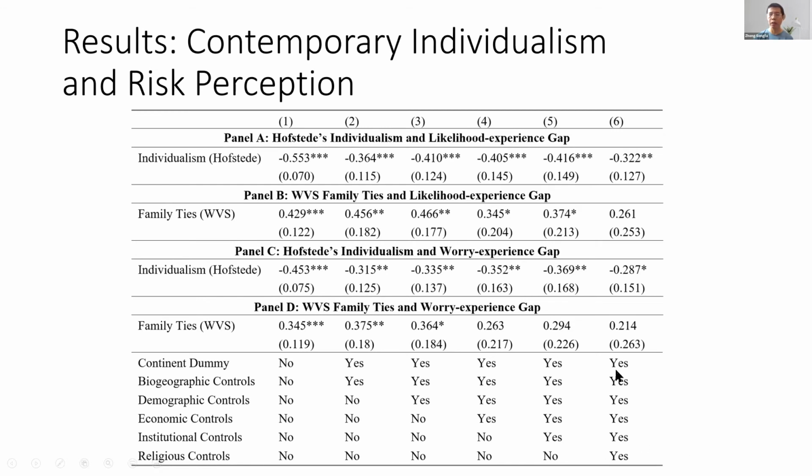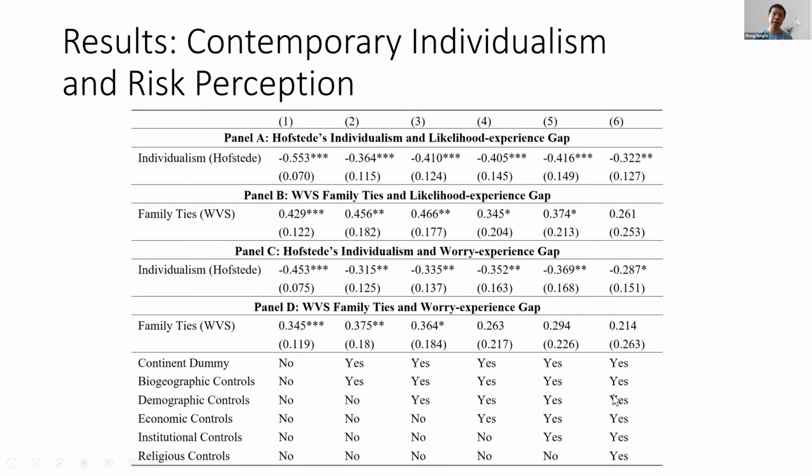When you control for religion, you can see, relatively speaking, for example for the worry and experience gap, the correlation coefficient is essentially reduced by almost 30%. And in panel D, for the feminine type and worry experience gap, it becomes statistically insignificant.